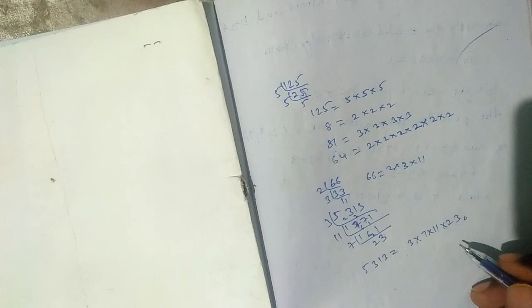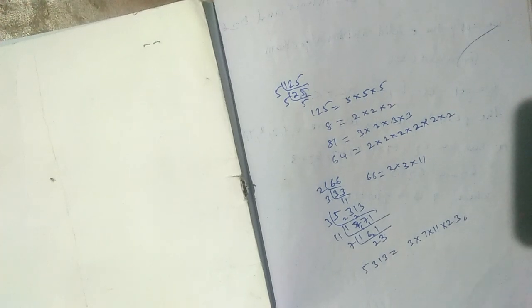So what I am saying here is, every composite number we can express in the form of a product of prime numbers, that is known as the fundamental theorem of arithmetic.